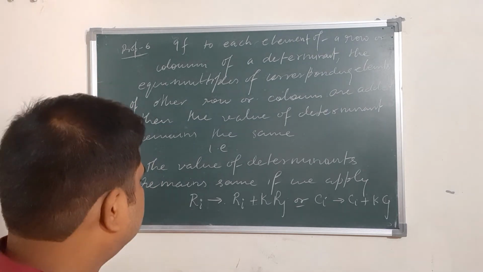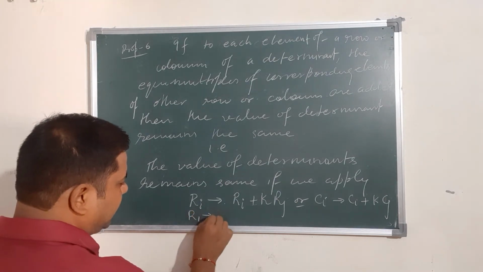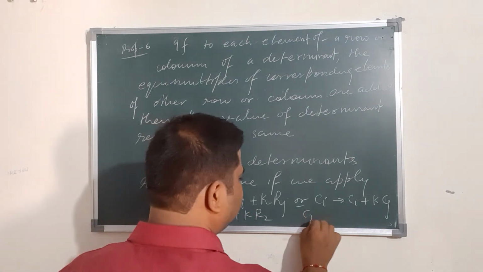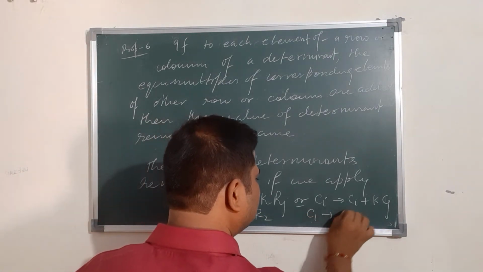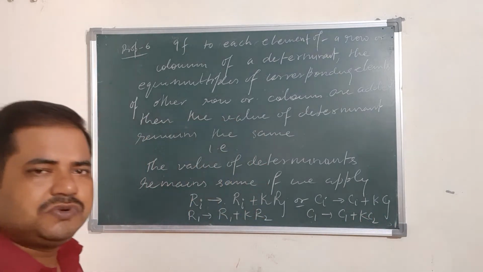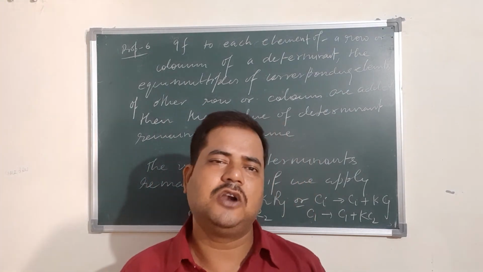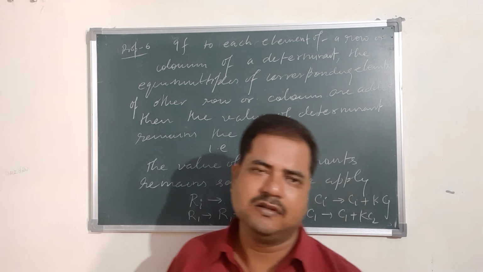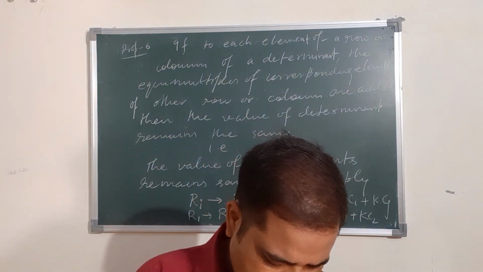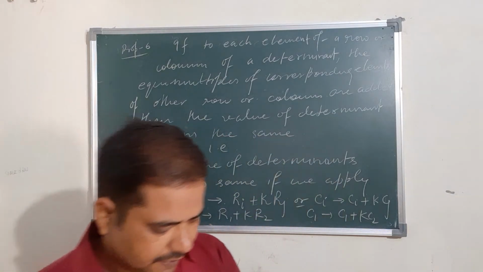This means R1 is replaced by R1 plus KR2, C1 is replaced by C1 plus KC2, C2 is replaced by C2 plus KC3, R2 is replaced by R2 plus KR3. So this is the meaning of that particular property.